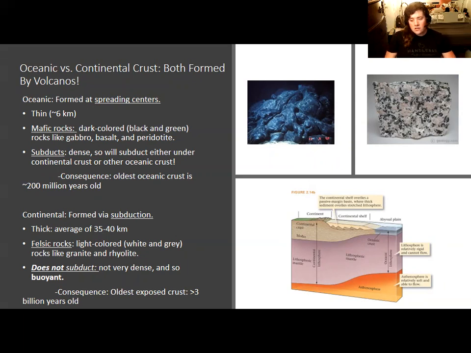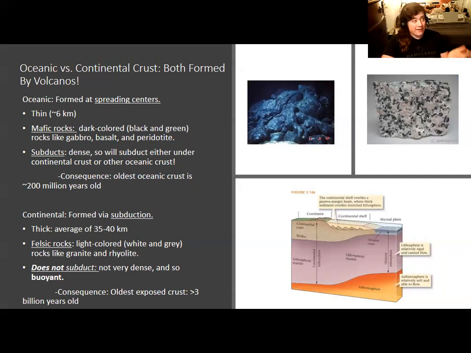And the density also allows oceanic crust to sink at subduction trenches. Now, the funny thing is that continental crust is largely made by the volcanic activity that is incited by oceanic crust sinking into subduction trenches. And it is thick and not very dense at all. It is much more rich in silica and much less rich in iron, and the term for that is felsic. And it is actually buoyant enough that it does not subduct.